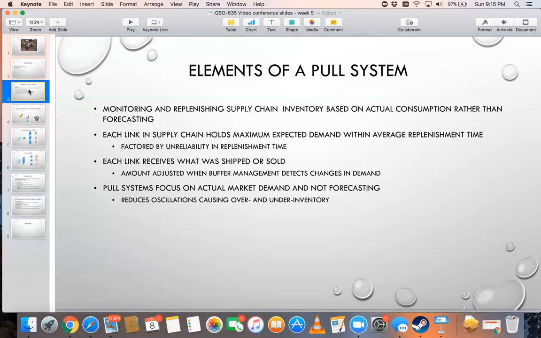So let's say your replenishment time is 10 days. You ask, during that 10 days, what has the demand been? If it's 5 on average, then we do 50. But it's always a running average where you shift that 10-day period over time.